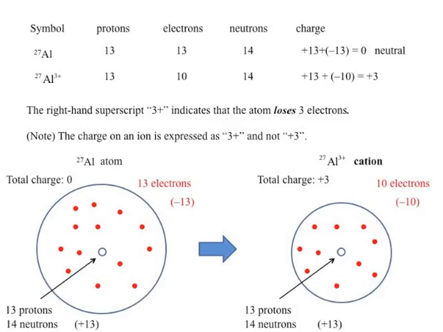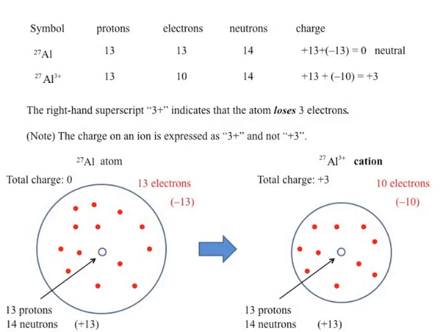When the aluminum atom loses 3 electrons, how many protons, electrons, and neutrons are in the atom? The number of protons doesn't change because the aluminum atom did not lose protons. 13 protons are still there. Because the aluminum atom lost 3 electrons, now you have only 10 electrons. Neutrons are not lost. It's still 14 neutrons.